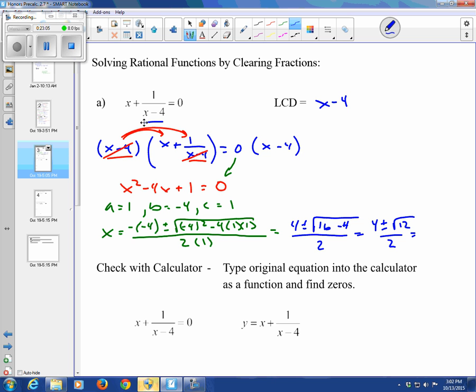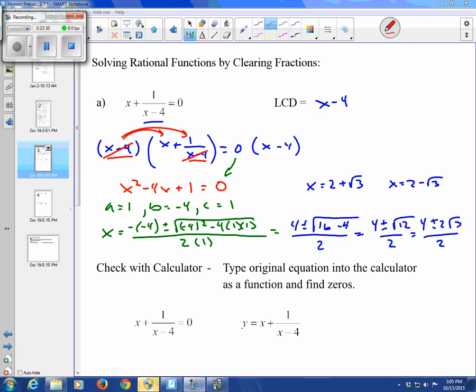We can simplify a little bit: the square root of 4 times the square root of 3, which gives us 2 times the square root of 3. So our two solutions are x equals 2 plus the square root of 3, and x equals 2 minus the square root of 3.